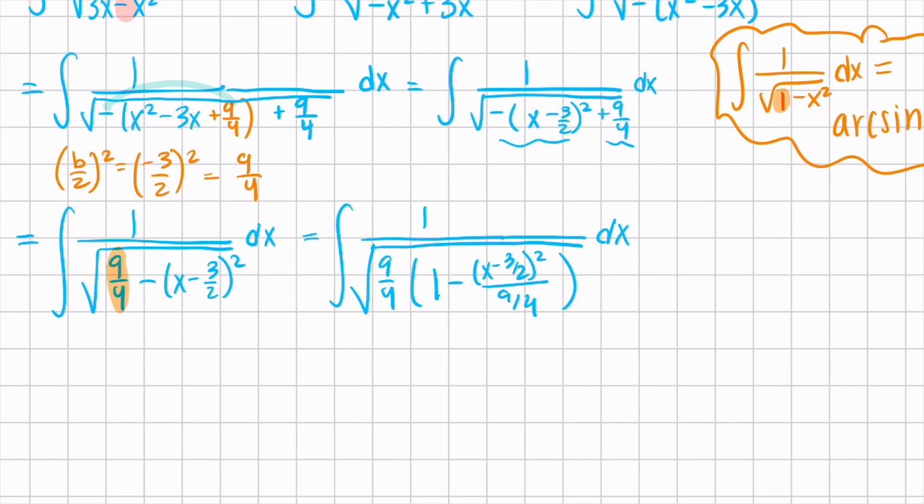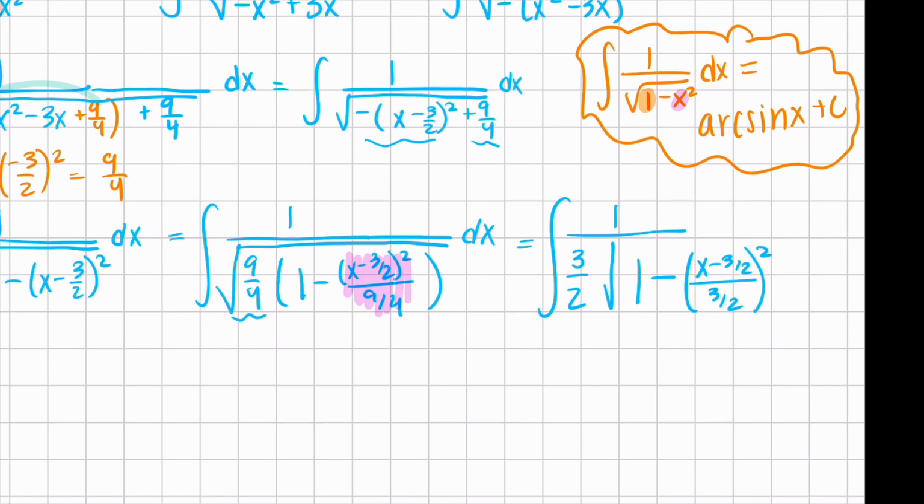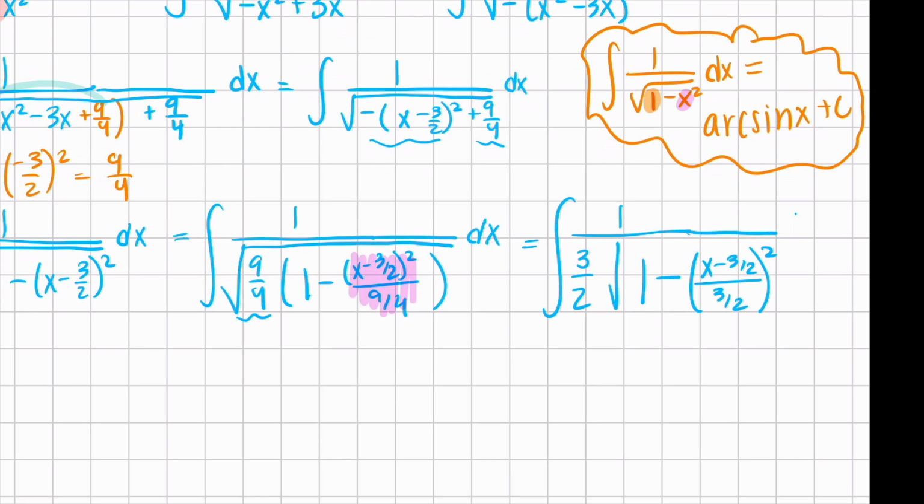Second thing is I want to make sure that I have an expression squared for this second term. And then I'm also going to take the square root of my 9/4, that's 3/2. I'm going to make this x minus 3/2 over 3/2 squared dx.